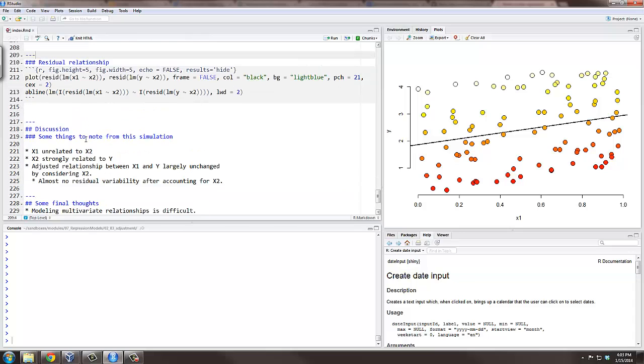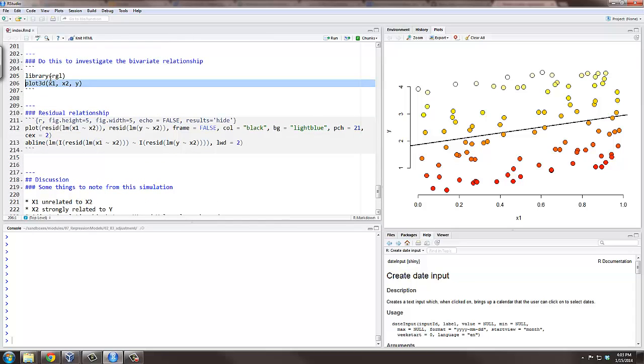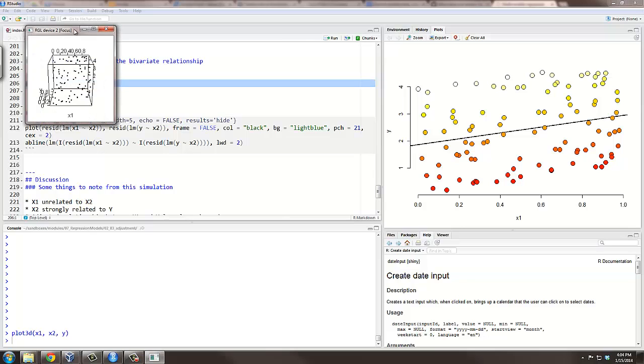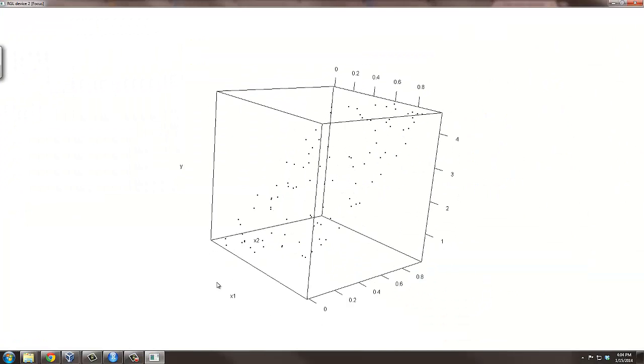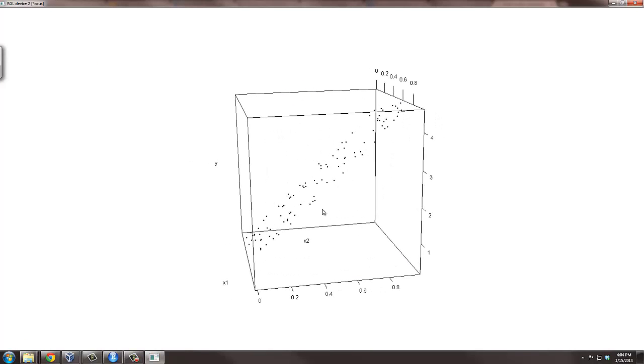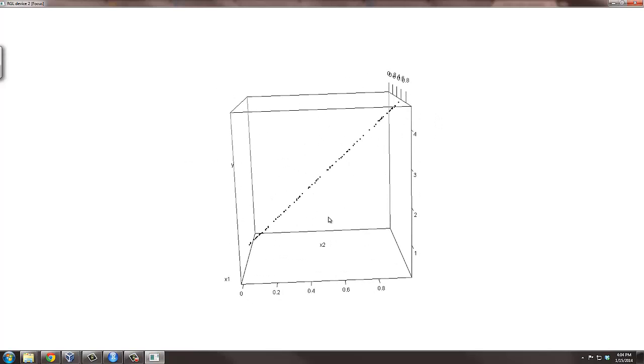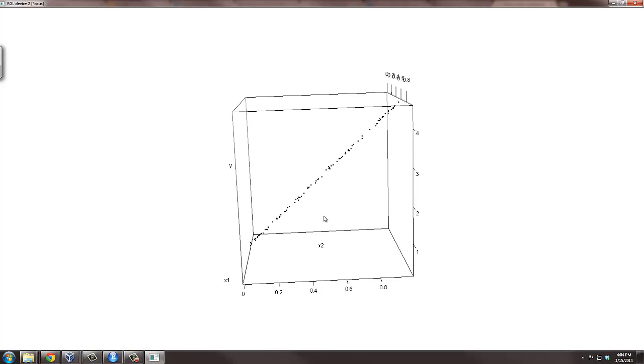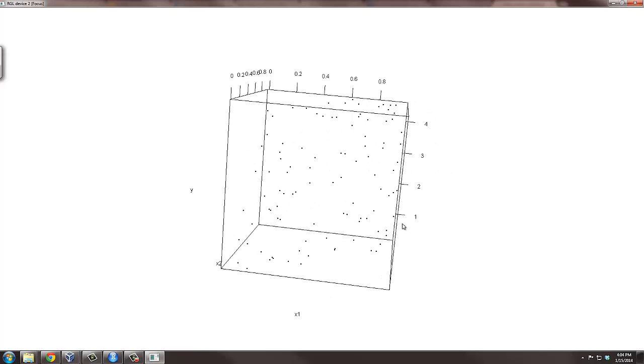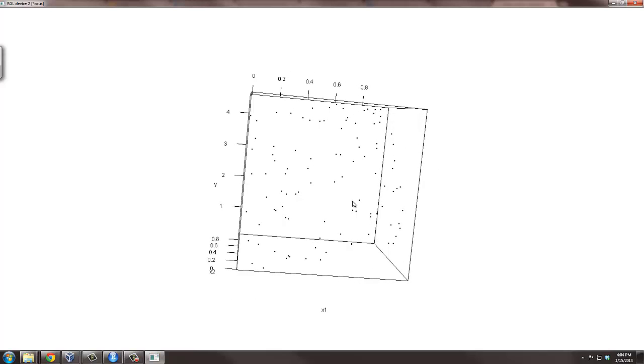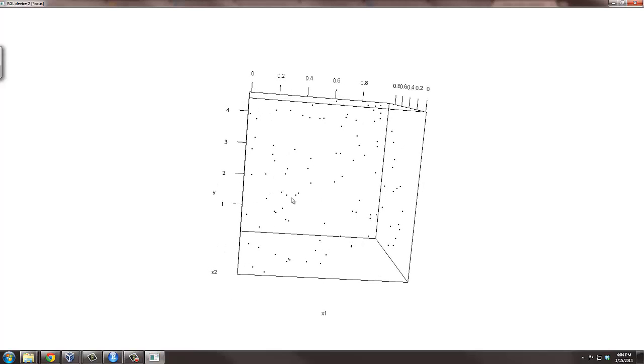I'm just rerunning the simulation each time. But let's actually do the 3D plot instead of the 2D plot. And there it is in RGL. And you can see that there's this strong relationship between y and x2, and then this kind of less clear relationship between x1 and y, and that's the kind of noisy regression line that we saw from the previous page.